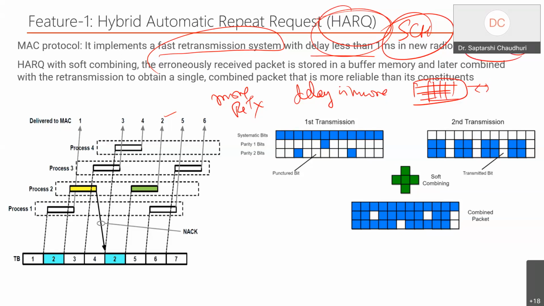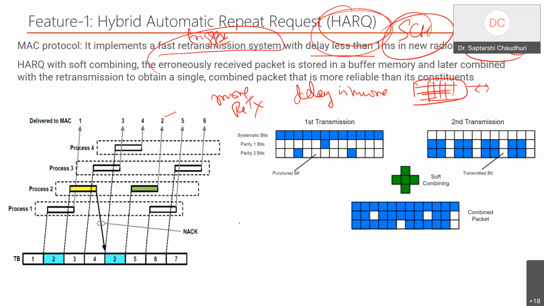So what is this hybrid ARQ? The scheduler in the MAC triggers the retransmission. It is not the one that does the combining. It triggers the mechanism to start the retransmission.